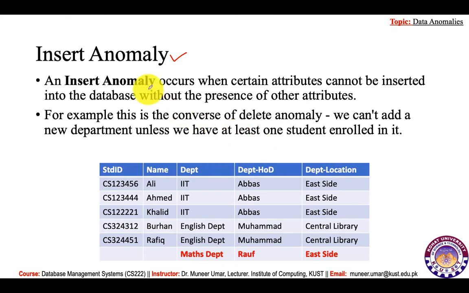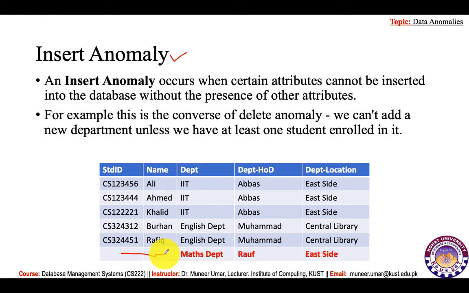The insert anomaly occurs when certain attributes cannot be inserted into the database without the presence of other attributes. So consider this table. Here we are going to insert data about the department. We are going to insert the department name, then department HOD and location of the department. But we don't have the student information. It is a situation when there is no student in the department, but we are going to create a department.